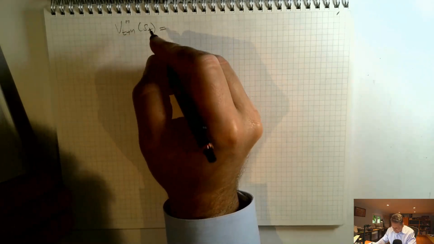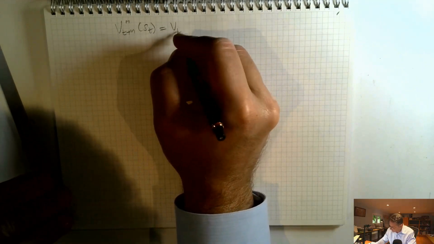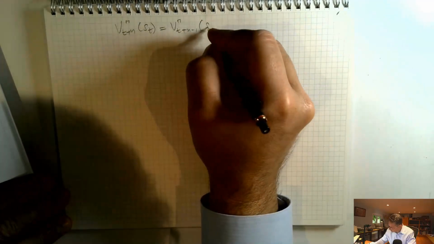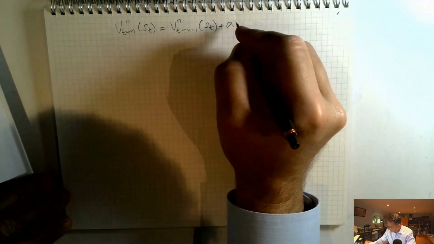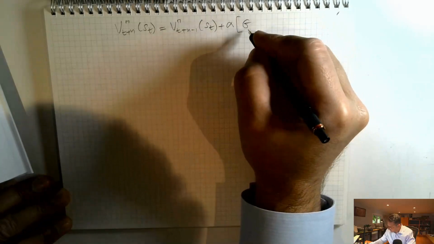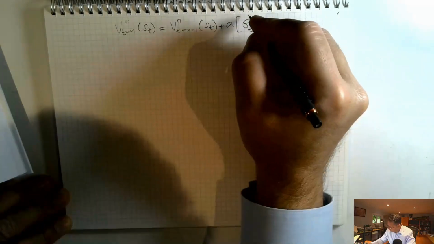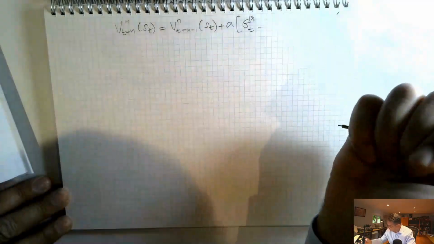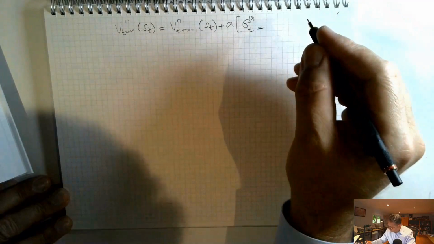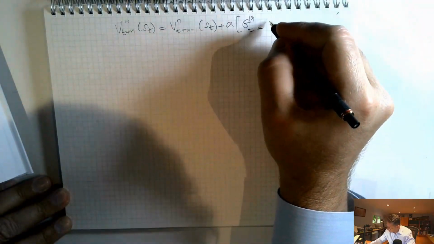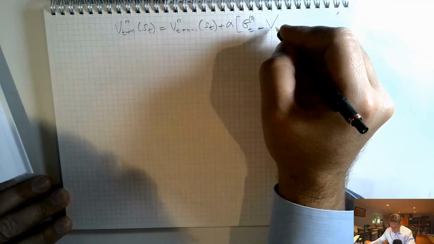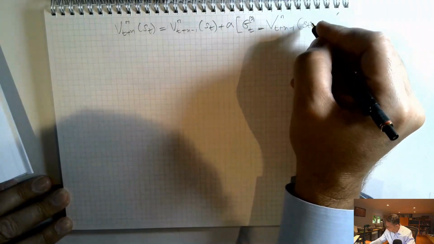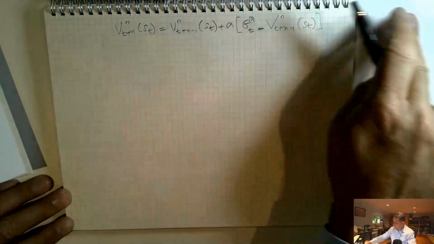V t plus n of S t is equal to V t plus n minus 1 of S t plus alpha G t of lambda minus V t plus n minus 1 of pi of S t. Okay, so this is the equation.